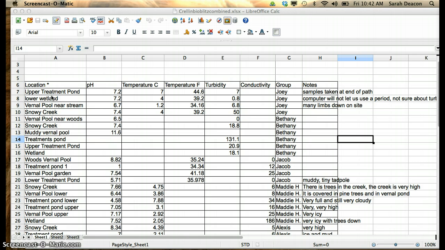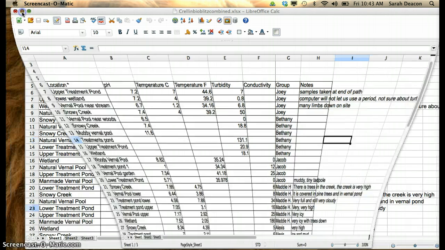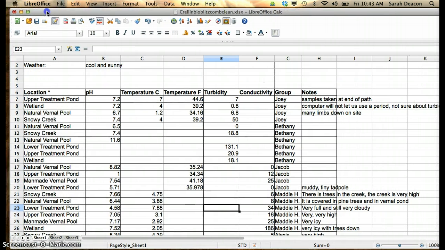So it's pretty cool. What we're going to do first is clean up the data sheets. I had talked a little bit about this with the Sky Club members that were entering all the data. Some of these say lower wetland, or vernal pool near the woods, vernal pool near the stream. Some people put vernal pool garden. So I cleaned all those up, and they all have the same names.